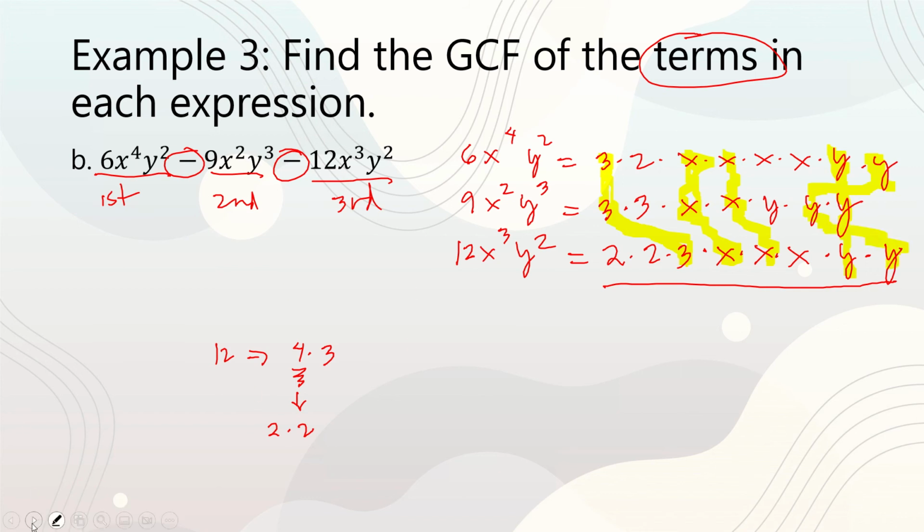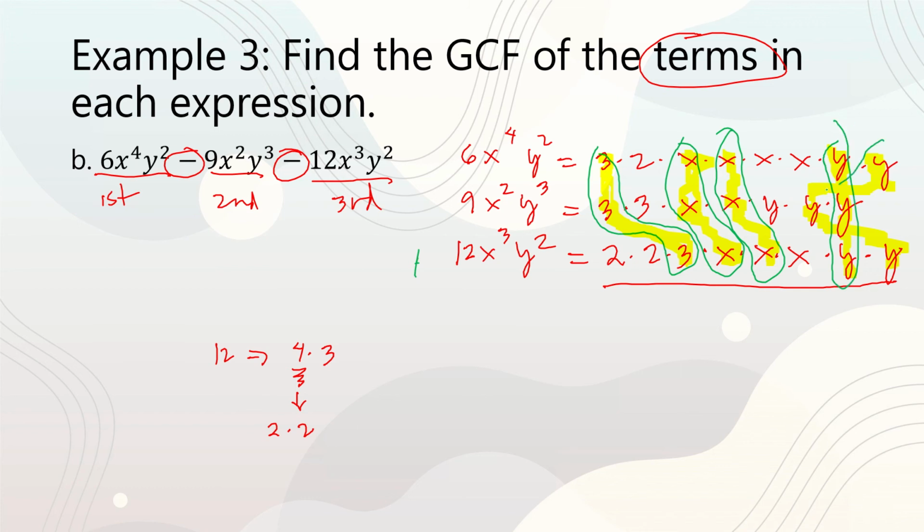Let me use another color of pen to really highlight. Okay, the factors. So we have 3, then one set of x, one set of x, one set of y, and another set of y in here.